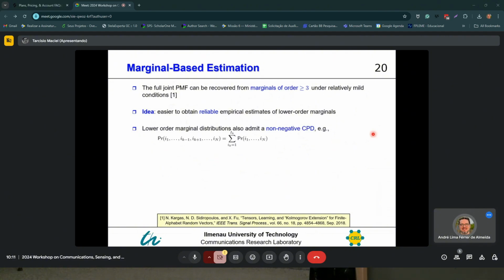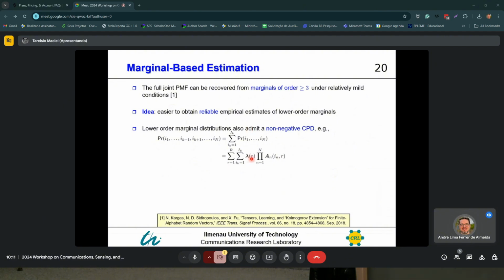For example, let's look at the probability of n-1 random variables. You see that the i_k is missing here. So we sum over all possible values of i_k, so we marginalize it, and then express the joint probability in terms of the CPD.